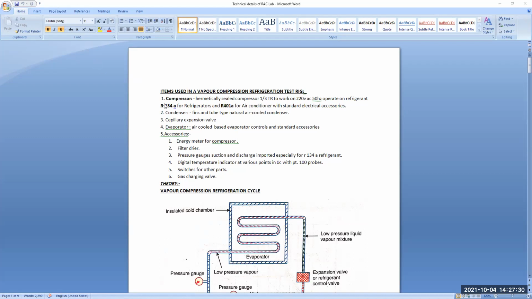Now, here we have the compressor itself, which is called a hermetically sealed compressor.